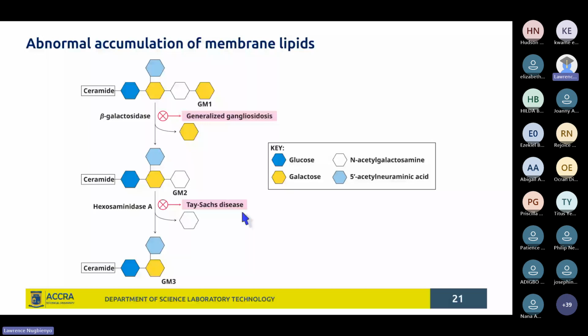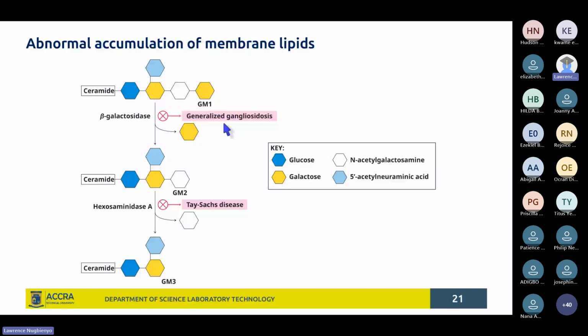We are not looking at symptoms; we are doing biochemistry, looking at the biochemical basis of what causes such conditions.